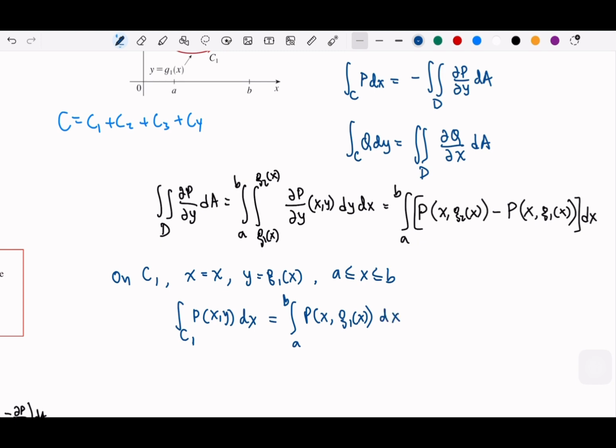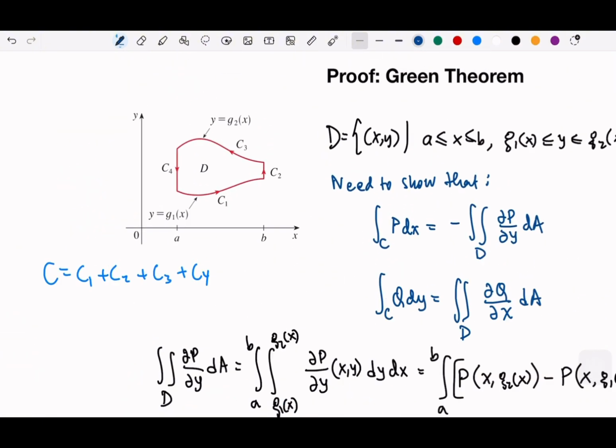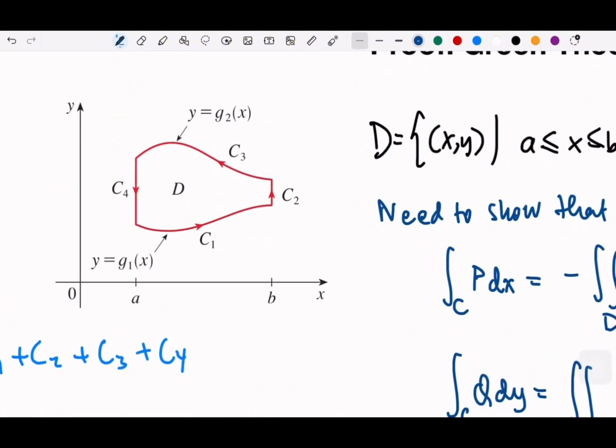I think this is very similar to what we have in the line integral as usual, right? And for C3, since it goes from right to left, we can make it go from left to right by taking C3 as negative.